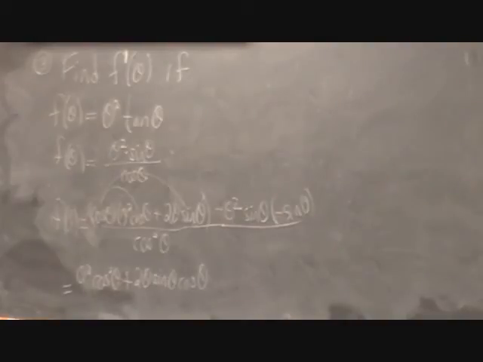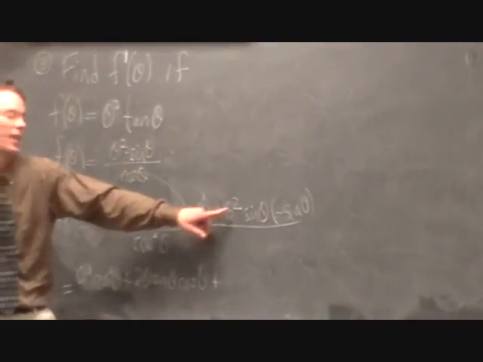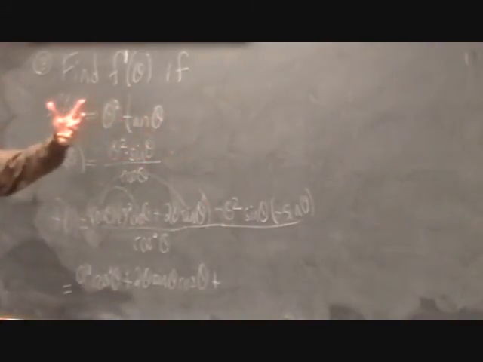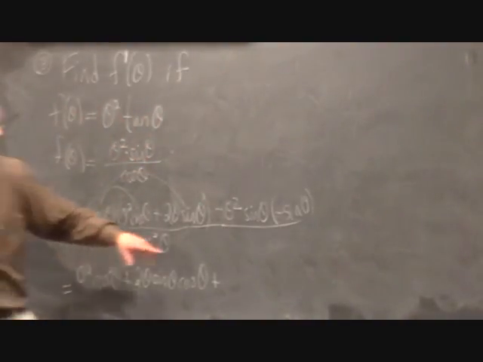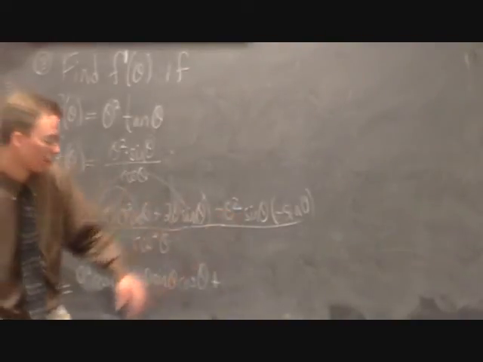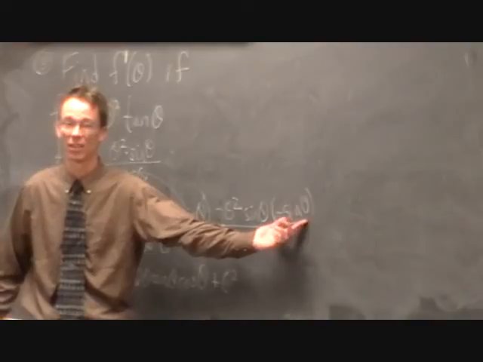It's just algebra. This last sign will be a plus, because now we're doing a negative times another negative. That's why it kicks over to a plus. You get theta squared, and then sine squared theta.